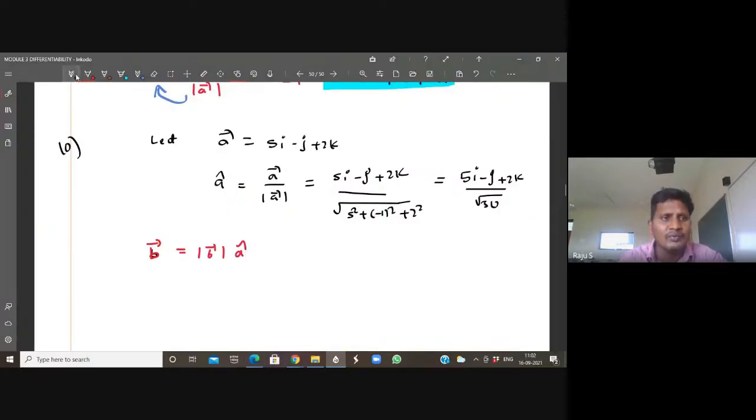We have to find a new vector. Vector A is already given. So in the direction of vector A, I want to find vector B whose magnitude is 8.